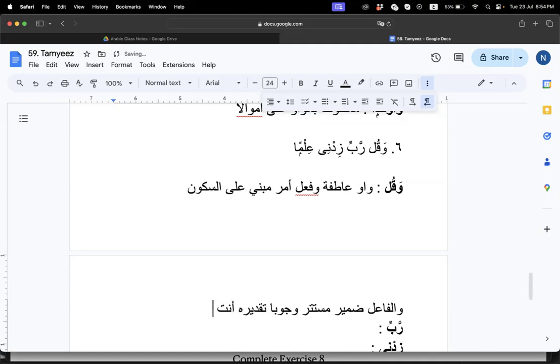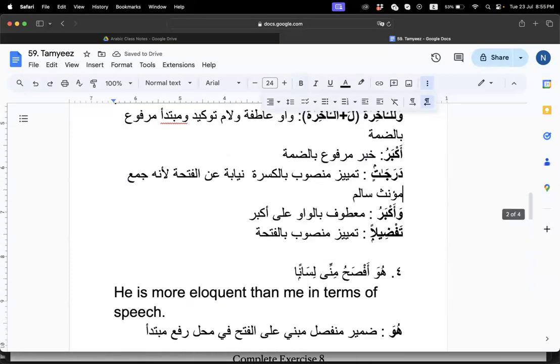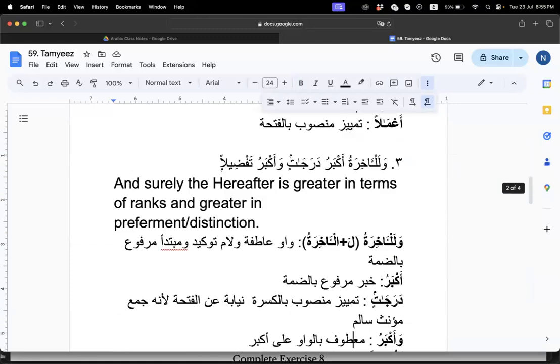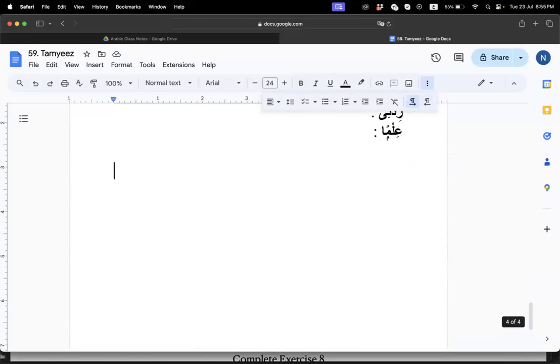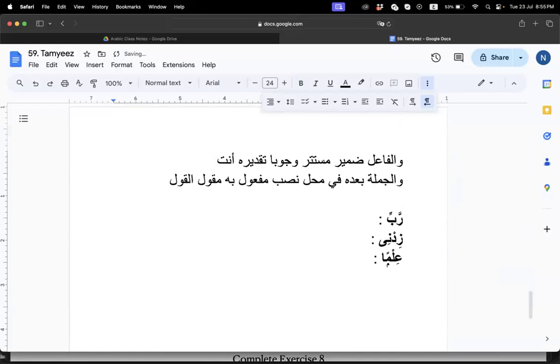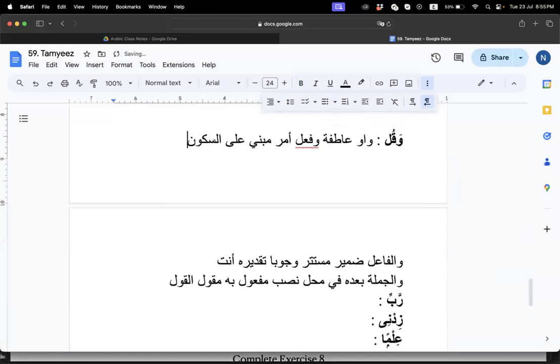Good. After kul, we have? We'll say maqula. Yes. Not kul just now, but the jumlah. Yes, the sentence after it is in the position of nasb, maf'ul bihi, maqulul qawl.